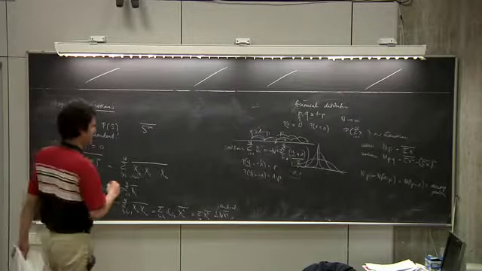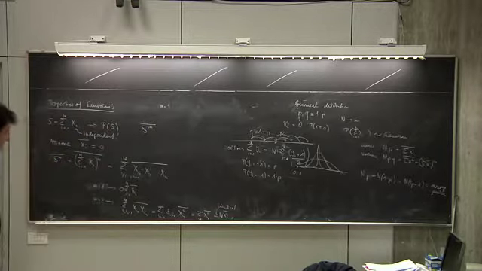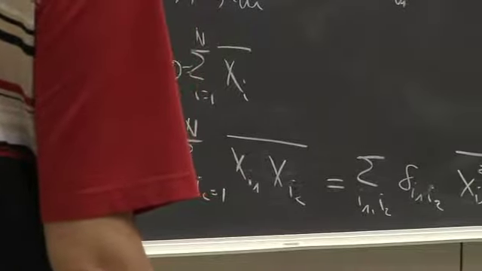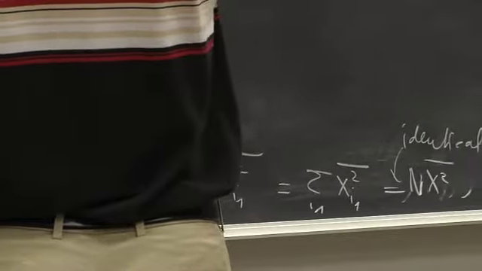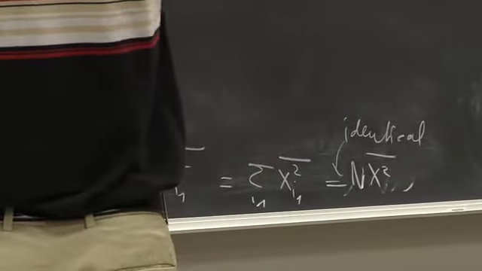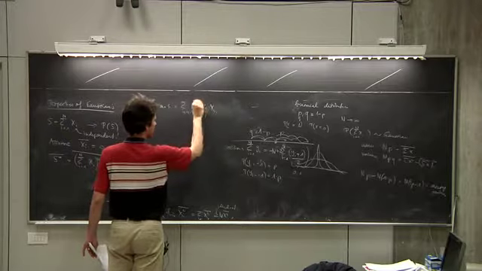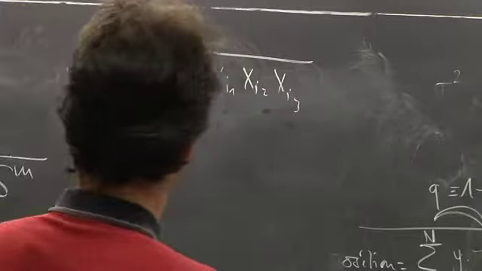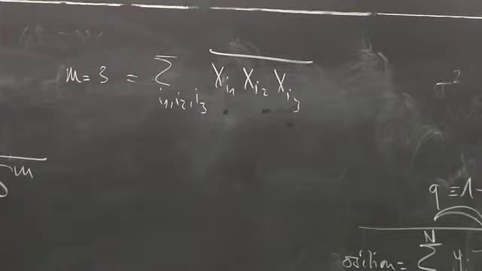Now what happens when I take m equals 3? If all the indices are different, then I get average of x times average of x times average of x, and that's 0 by assumption.